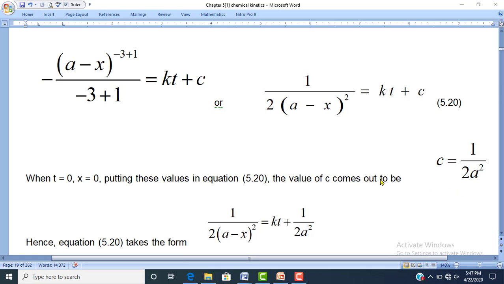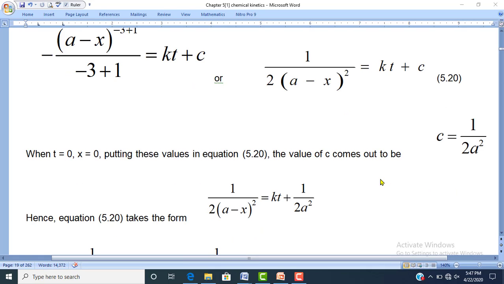Dear students, now we will put this value of c, 1 over 2a square, into equation 5.20. If you compare this equation and this equation, this portion which I am showing with my cursor is the same as it is here.